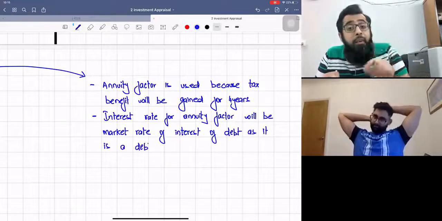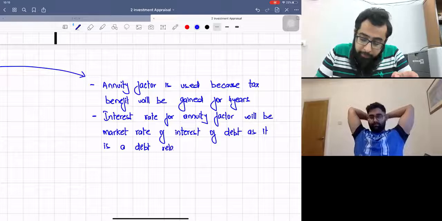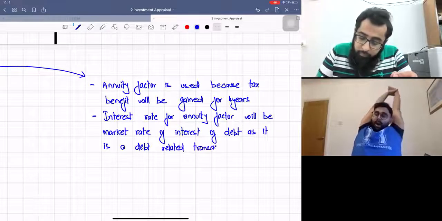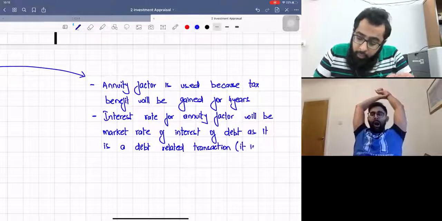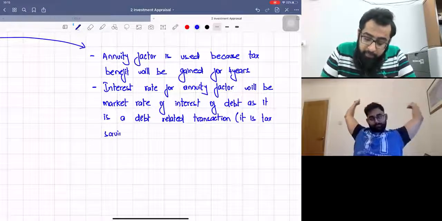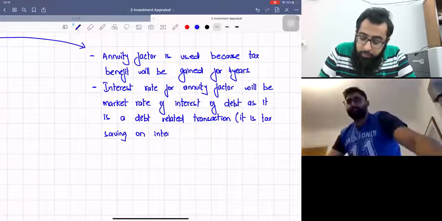It is tax saving on the interest on debt.